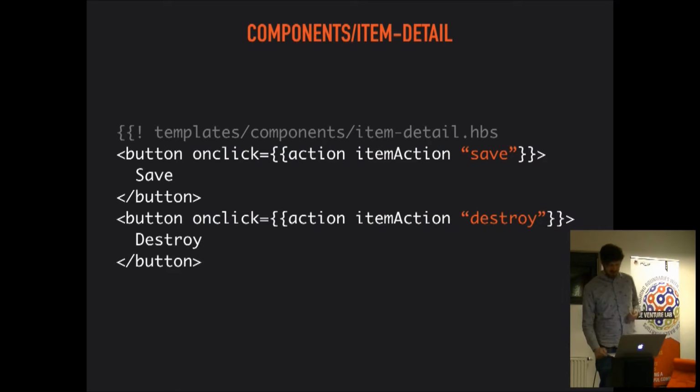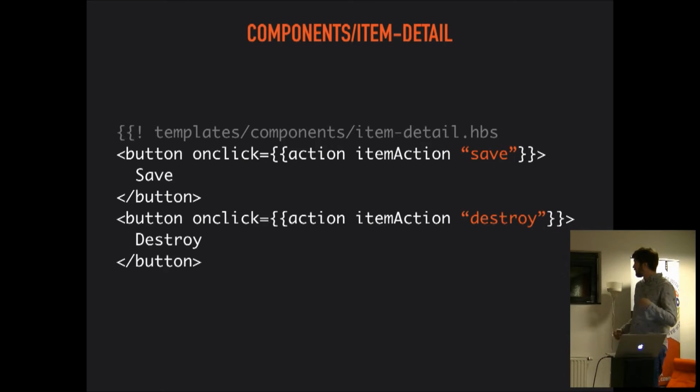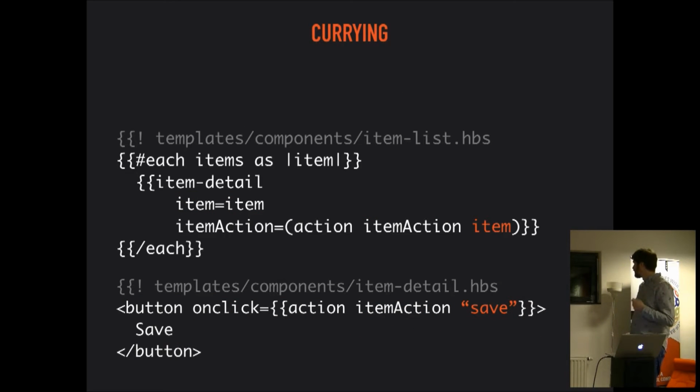And if you paid attention to the previous component, you saw action item, and now you see action item action save. So let's look at the 2 together. So here you have both. You see action item and action item action save.